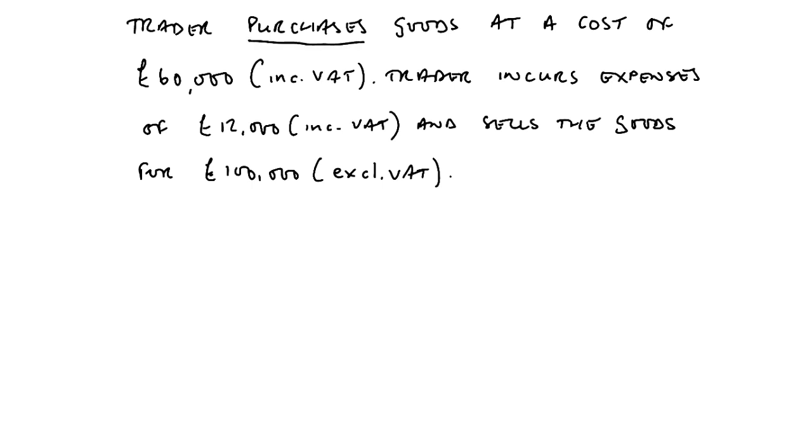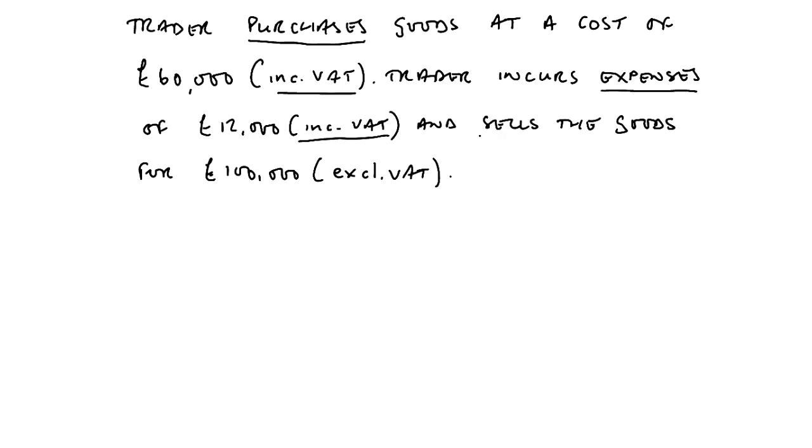So we've got purchases that we've suffered input VAT on. We've got expenses that we've incurred that also we suffer VAT on. Here the expenses, £12,000 including VAT. So the suppliers of goods have invoiced us at costs of £60,000 and the suppliers of those services have invoiced us for expenses incurred of £12,000, all of which are of course inclusive of VAT.